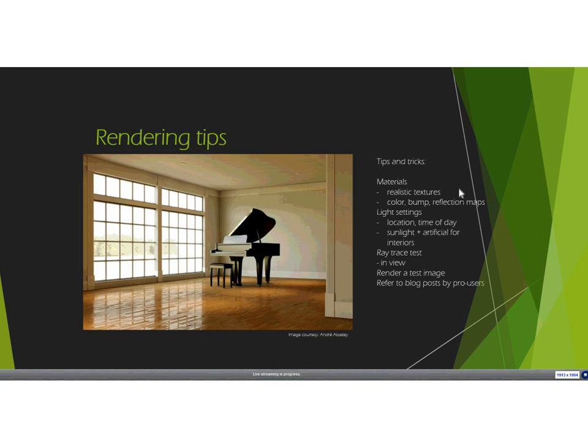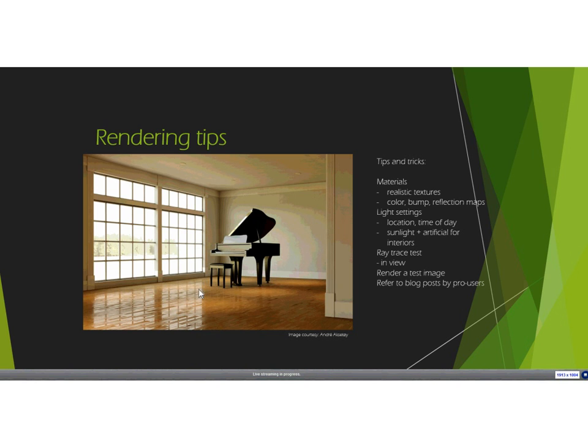For example, in this image you can see, this user has used a reflection map. You can see that his floor looks really nice because the floor doesn't look like a mirror. There are some parts of the wood that are not as reflective as the others, and it really gives a good realistic view. So that's one trick.